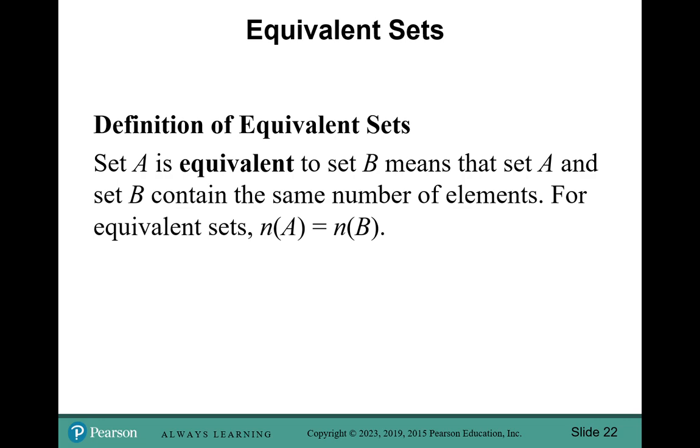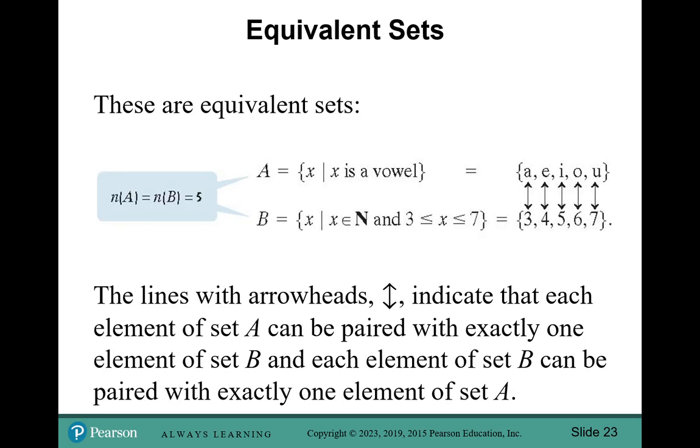If you notice, the only thing equivalent means here, truly, is that the cardinality of each set is equal to each other. So, let's look at an example of equivalent sets. Remember, equivalent is not the same thing as equal.